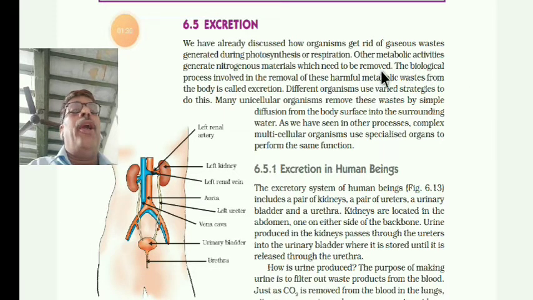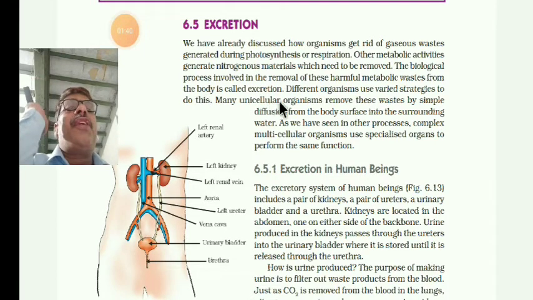The biological process involved in the removal of these harmful metabolic wastes from the body is called excretion. So, dear students, what is excretion? The biological process involved in the removal of the harmful metabolic wastes from the body is called excretion. Remember this one.